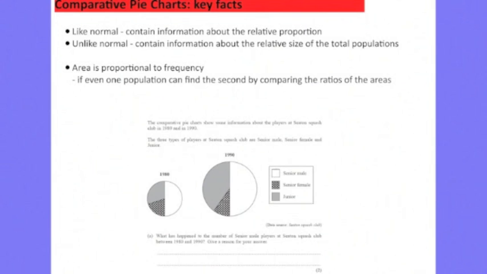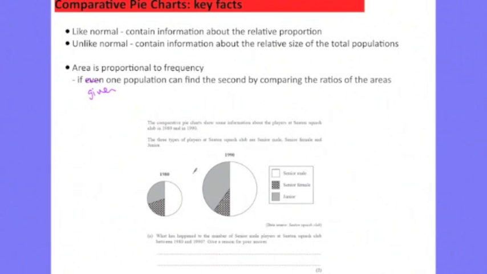If you're given one population, you can find the second by comparing the ratio of their areas. Now let's have a look at this example here.